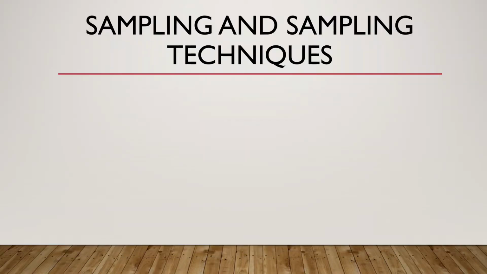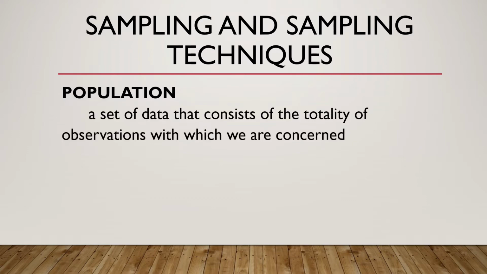As part of sampling and sampling techniques, we have the words population and sample. When we say population, it is a set of data that consists of the totality of observations with which we are concerned.